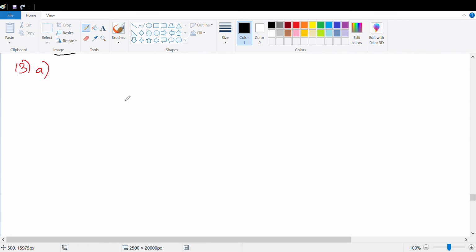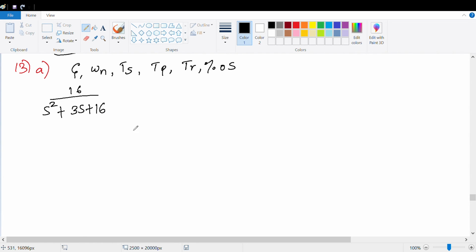For each of the second order systems that follow, find zeta, omega n, and settling time, peak time, rise time, and percentage overshoot. Therefore a is 16 by s square plus 3s plus 16.